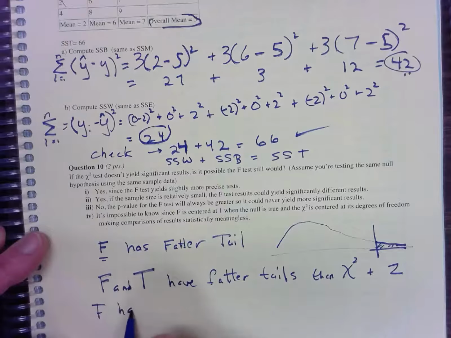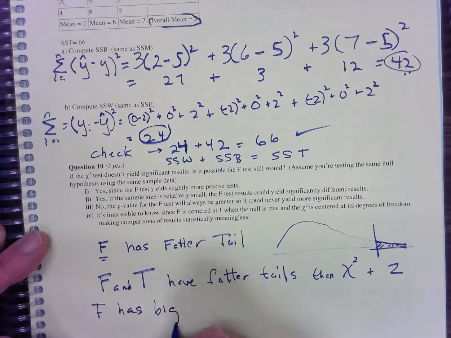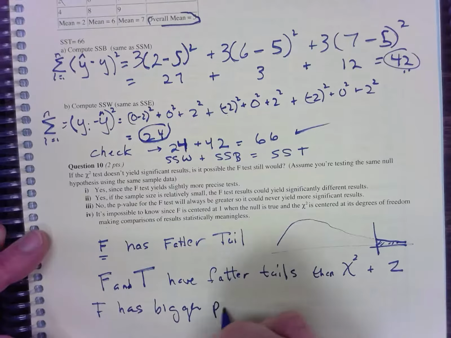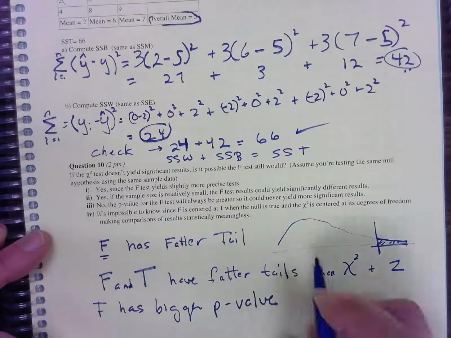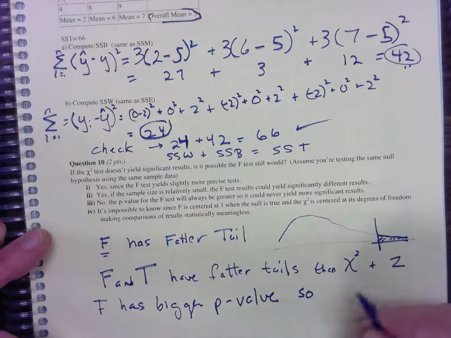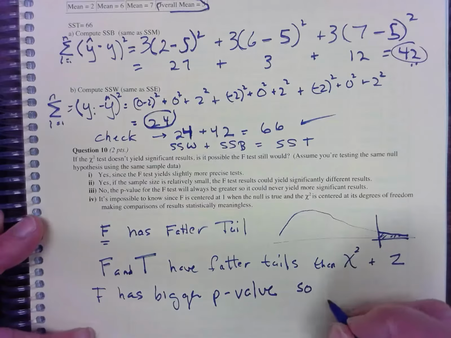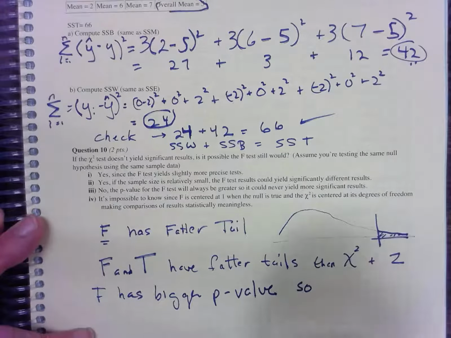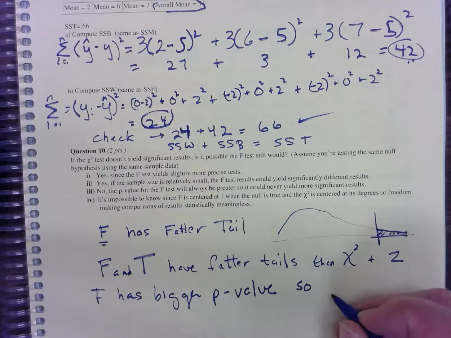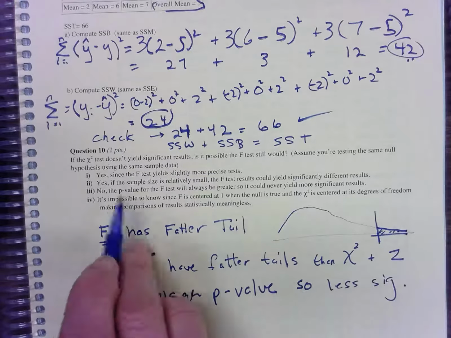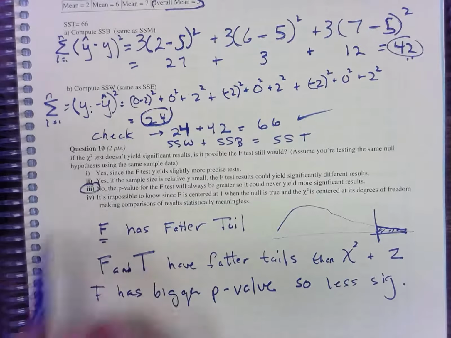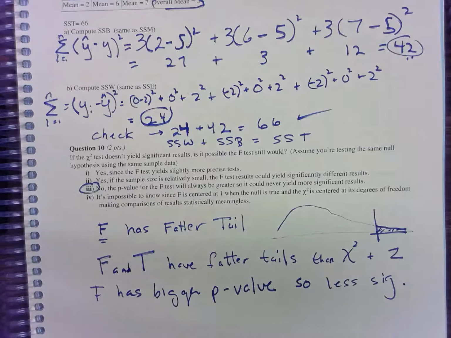F has a bigger p-value. That's the area in the tail. So it's going to be less significant. So less significant, right? And that's this answer right here. So it can never be more significant.